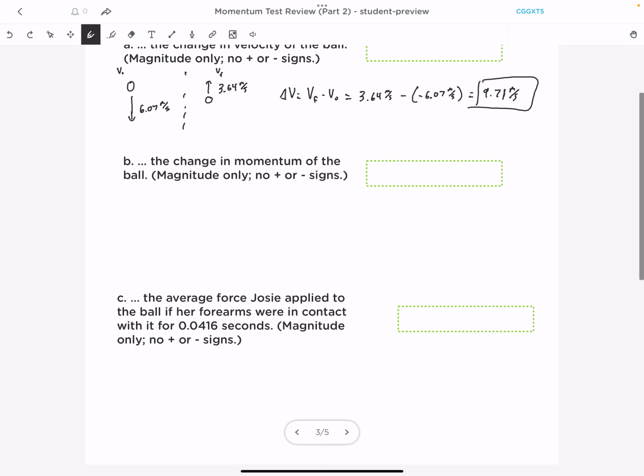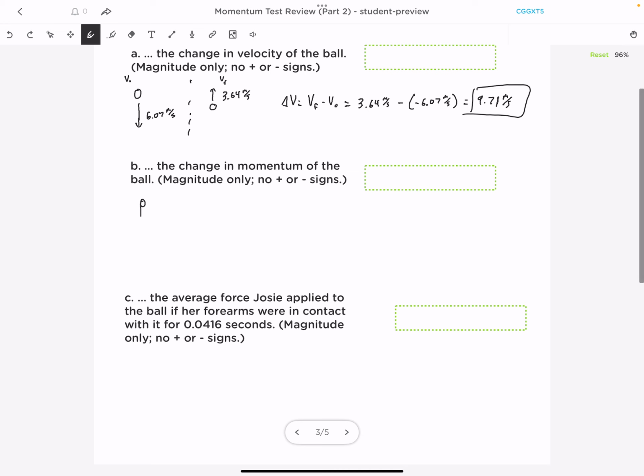We need to find the change in momentum of the ball. Well, this is pretty easy. We know that momentum, P, is equal to mass times velocity. So the change in momentum is just going to be the mass times the change in velocity. The mass of the volleyball doesn't change. It's constant. So all I'm going to do is take this 9.71, that's the change in velocity, and multiply it by the mass of the ball.